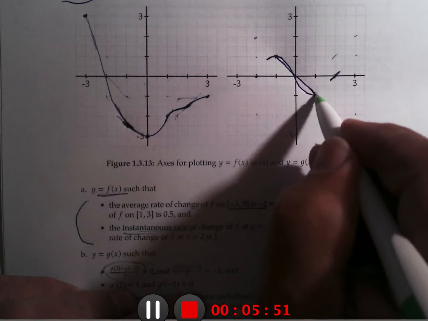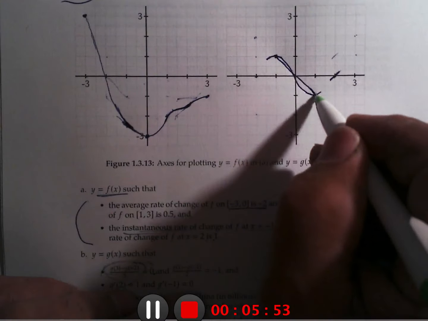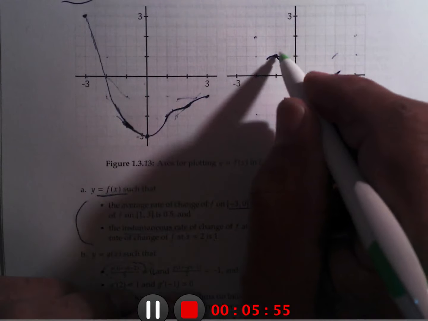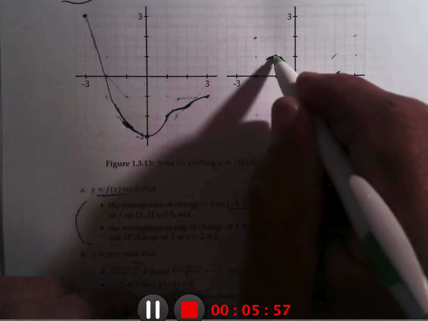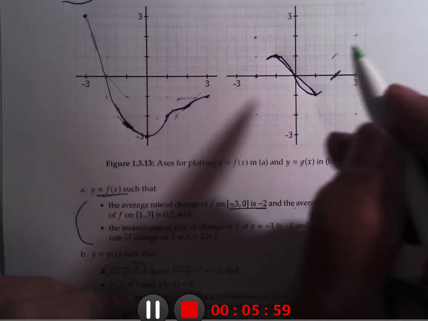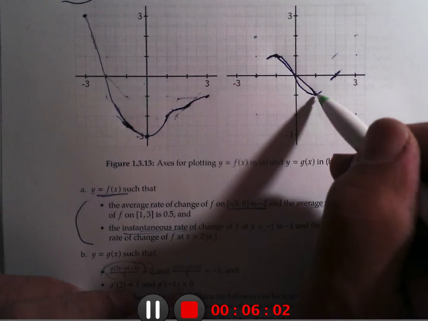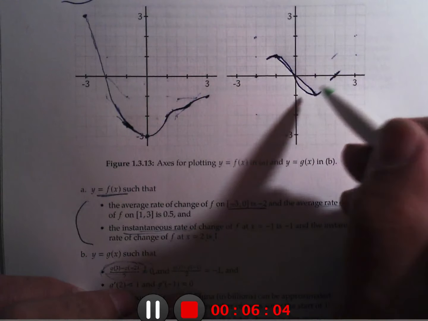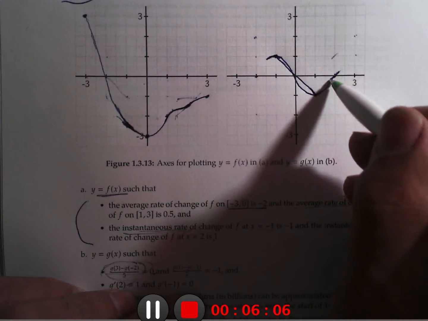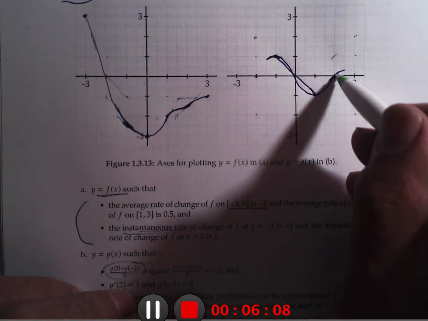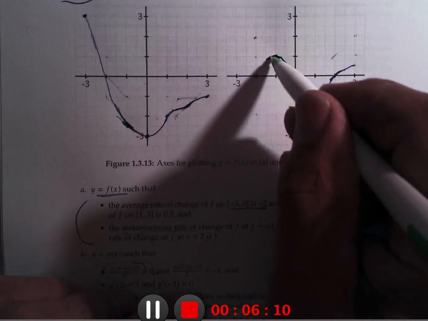So now the average rate of change is still the same. The secant line looks like that. There's a slope of 0. And I have to end at the same height as I started. So if I go up here and have a slope of 1, I could go right to here and right to there.